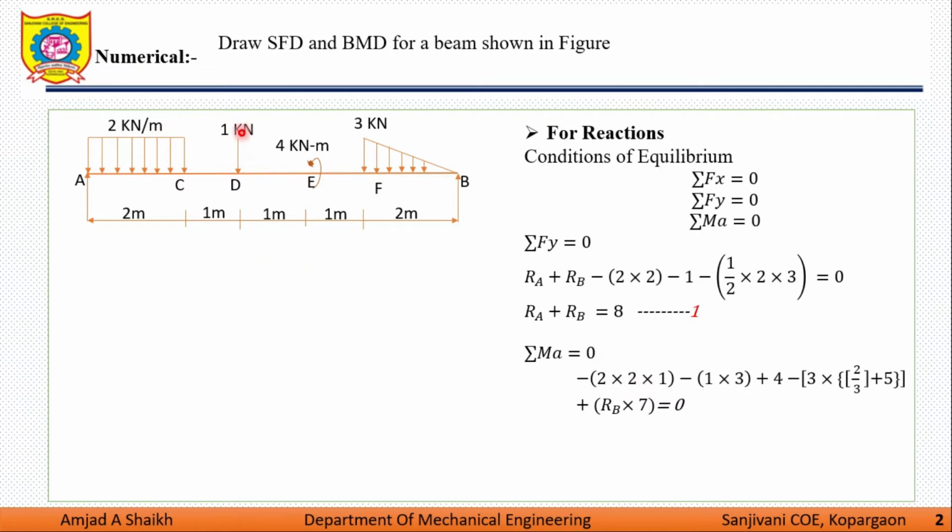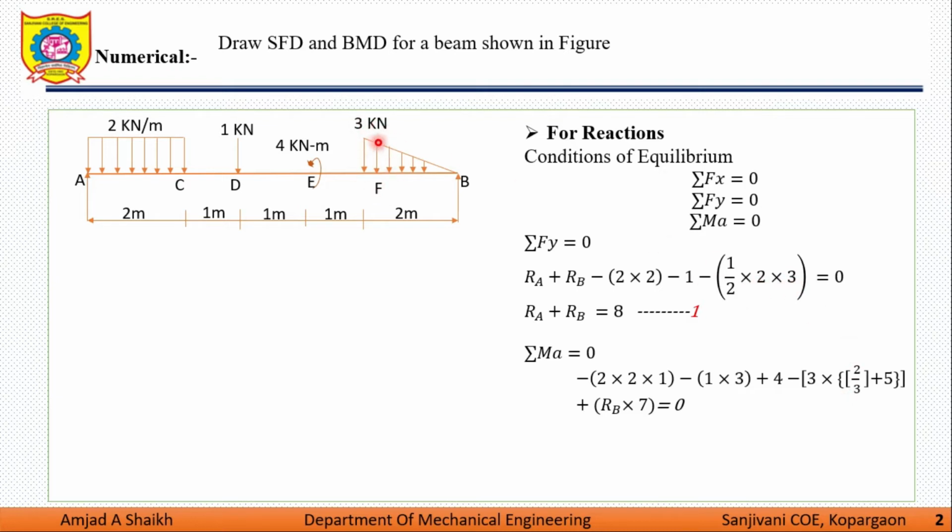Next, 1 kilonewton is 3 meter away from point A, so minus 1 into 3. After that, 4 kilonewton meter is itself a moment which is anti-clockwise in nature, so plus 4. After that, 3 is the value I am getting from 1 by 2 into 2 into 3, the conversion of UVL into point load.